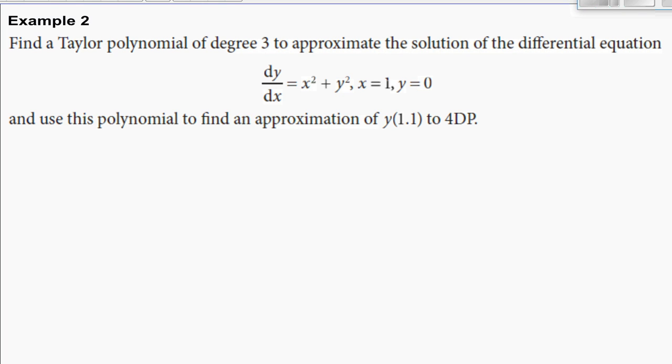Before we start solving this differential equation, let's start by writing down the Taylor series expansion.